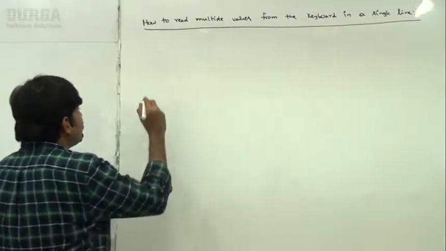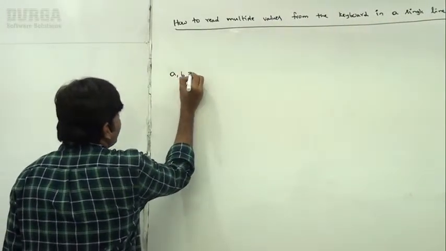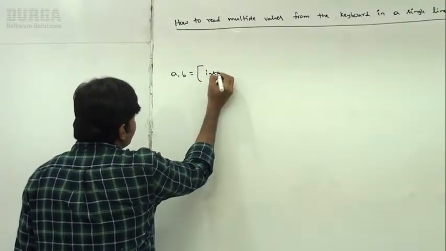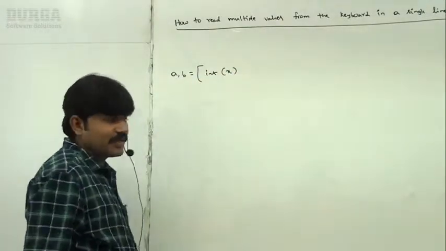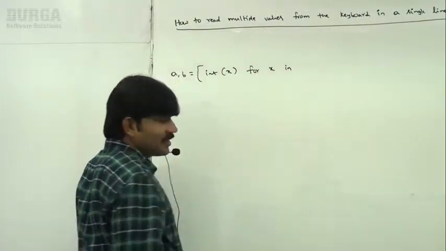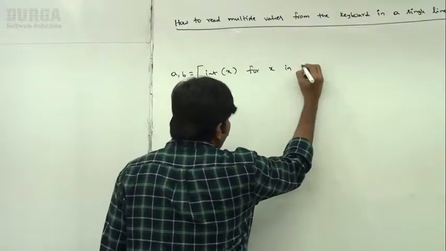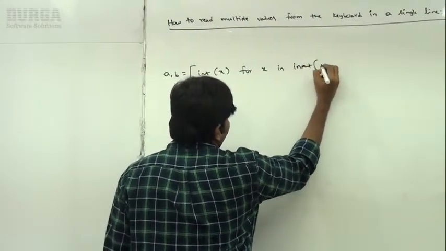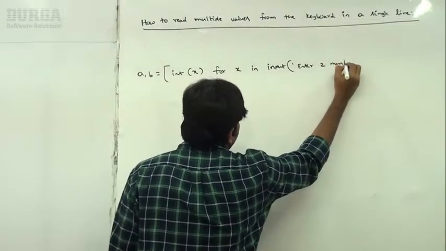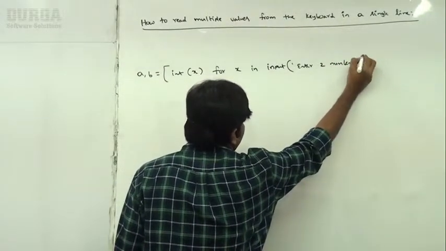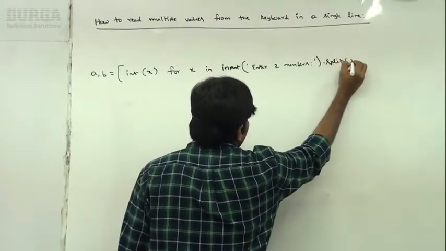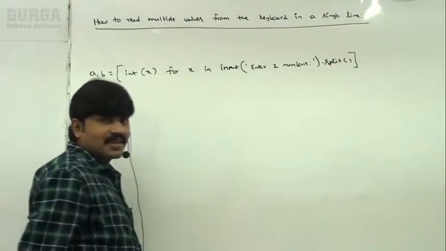A, b = int(x) for x in input("Enter two numbers").split().